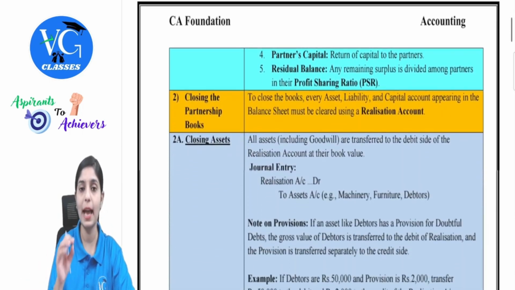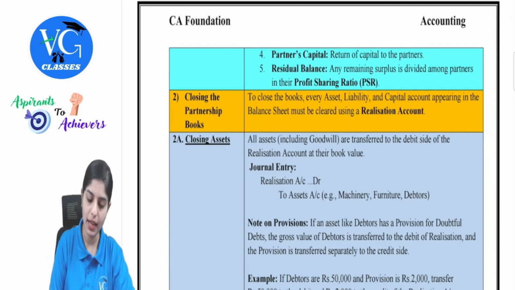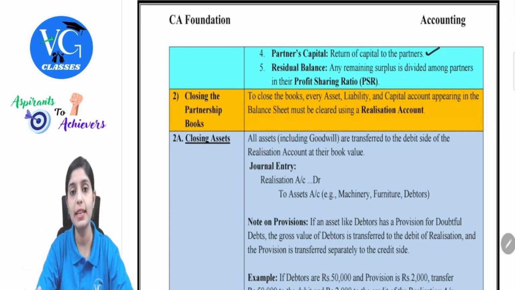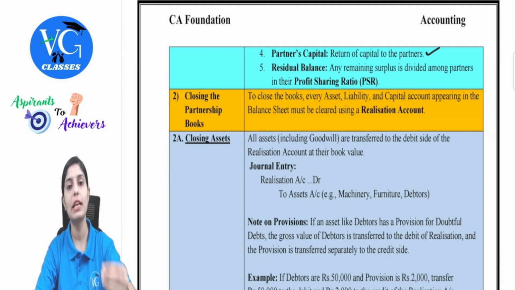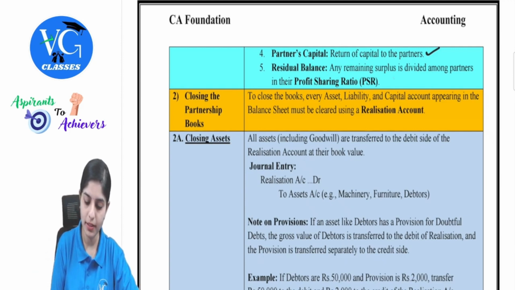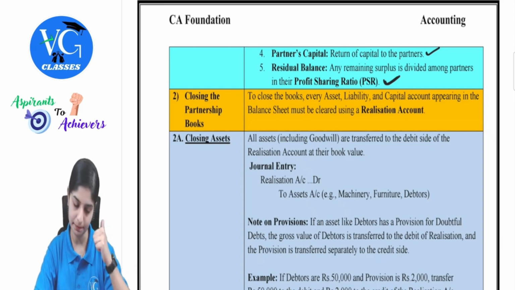So, whatever capital balances are due, which have to be repaid by the firm, that will be settled. Last, the residual balance, which is nothing but anything excess remaining in the firm from the amounts realized from sale of assets. Surplus is divided among partners in their profit sharing ratio. I hope you got a structure of what could be the order of payment.